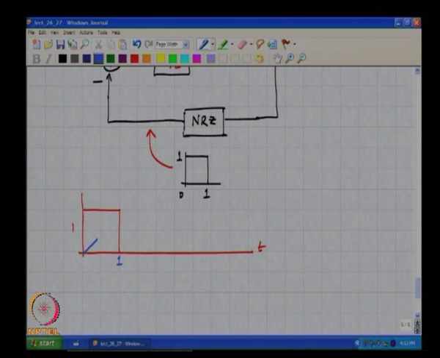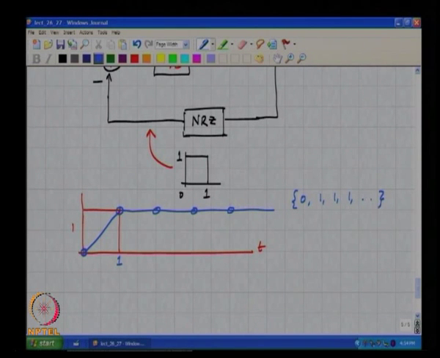It will be a ramp, at the end of 1 second the output will be 1, after which it will be constant, and if you sample this at the sampling rate which is 1 hertz, how will it look like? The sampled output sequence looks like 0, 1, 1, 1 and so on. Okay.